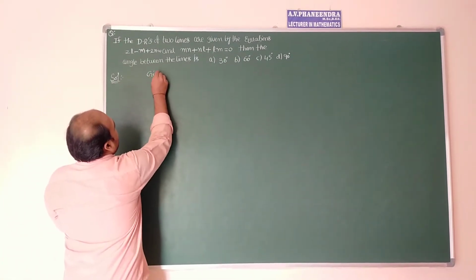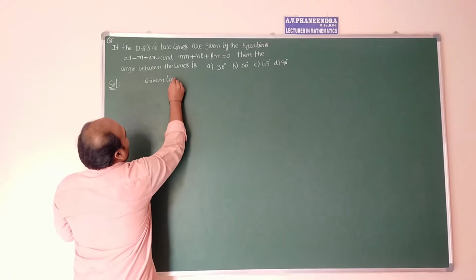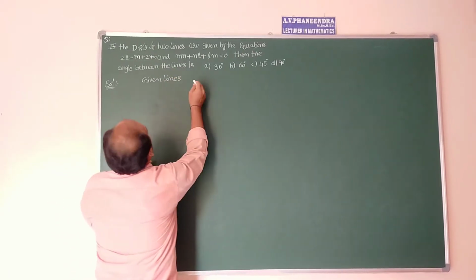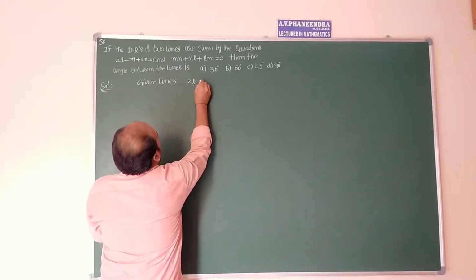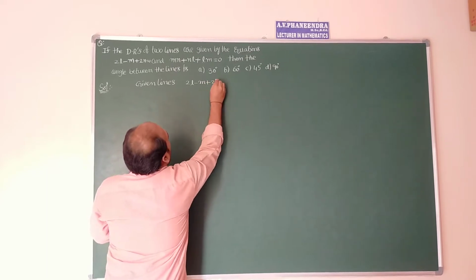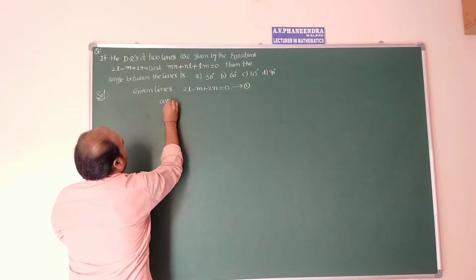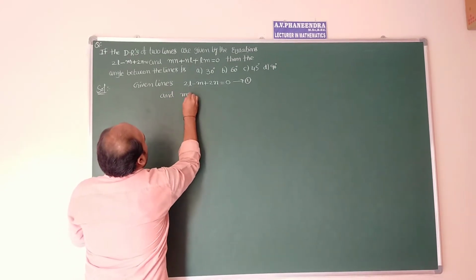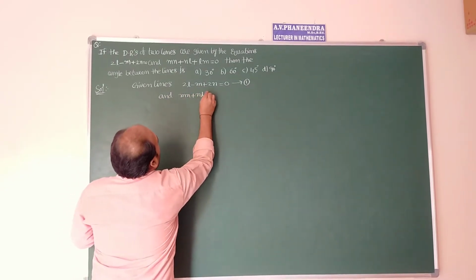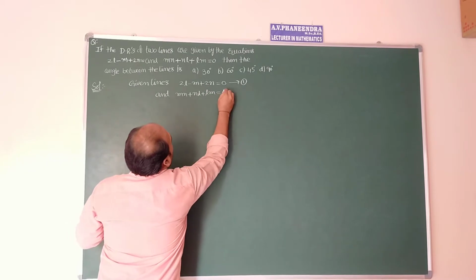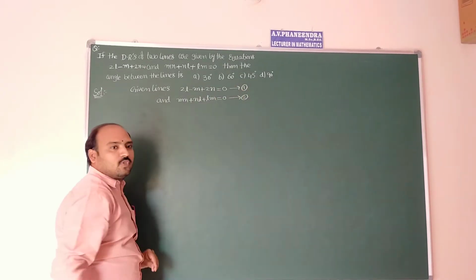Given lines: 2L minus M plus 2N is equal to 0, equation number 1, and the second line MN plus NL plus LM is equal to 0, equation number 2.